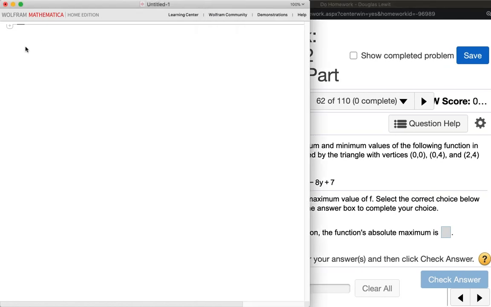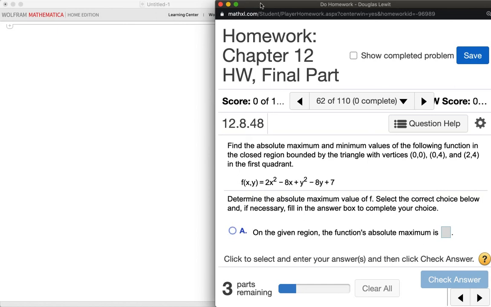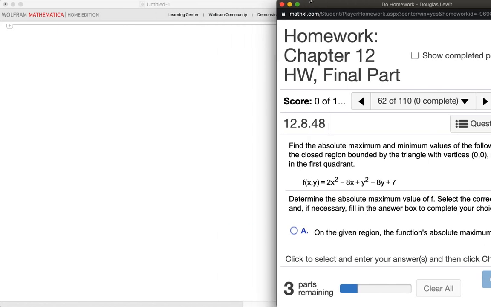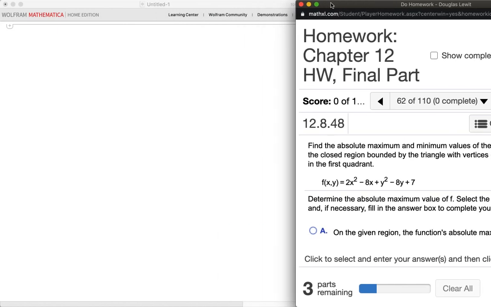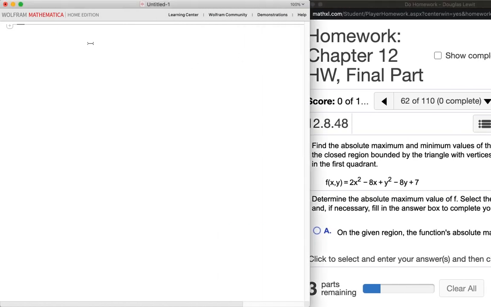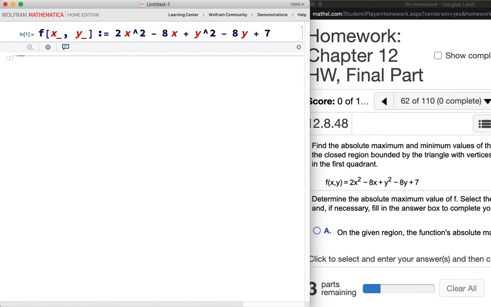Again, guys, let's use Mathematica to make this process a little bit easier. Let me just move this over. Okay, so we have f(x, y) = 2x^2 - 8x + y^2 - 8y + 7.